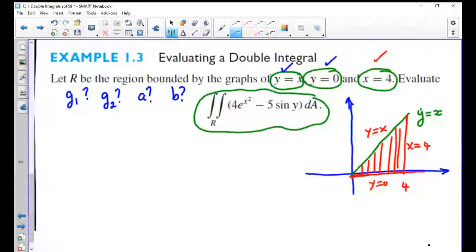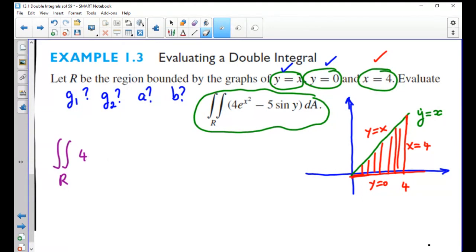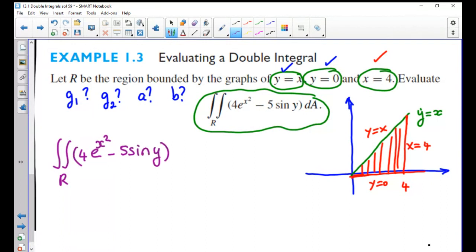Okay, so the integral then for x, e^(x squared) minus 5 sine y dA.